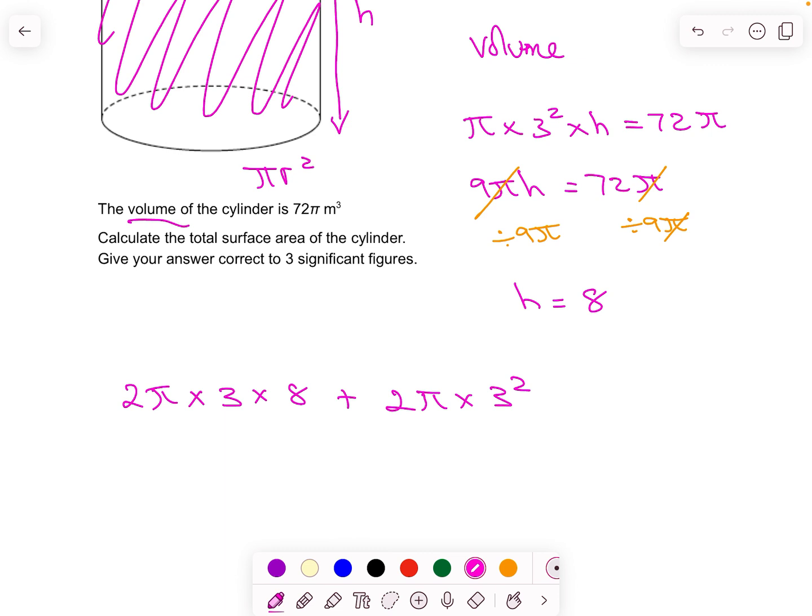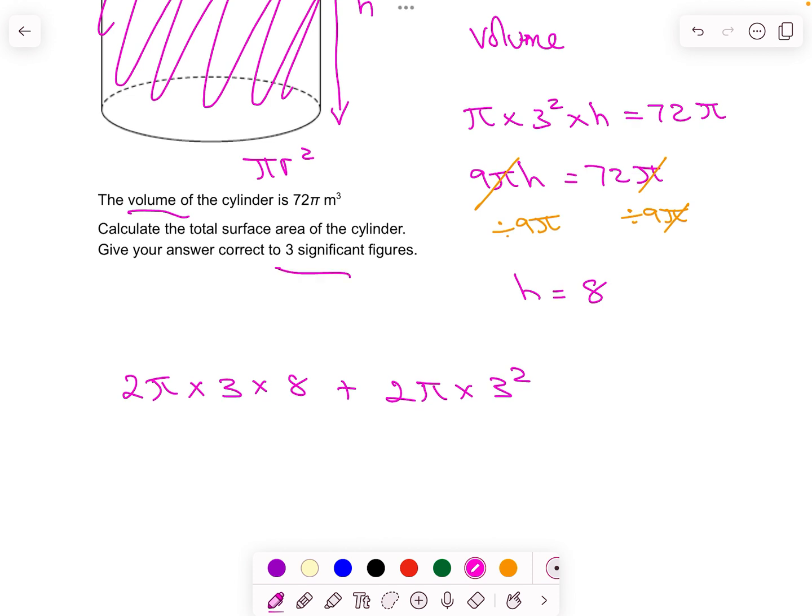So you need to add on 2 of those circles. And if you do it on the calculator, I'll do it as well. It said 3 significant figures. So on the calculator, I would put brackets around this bit and brackets around this bit if you want to do it in one go.